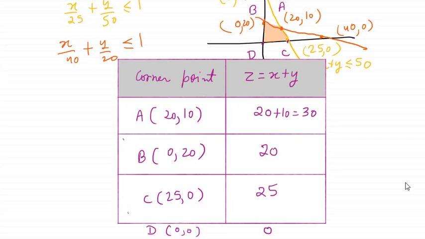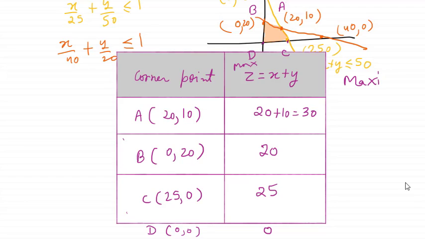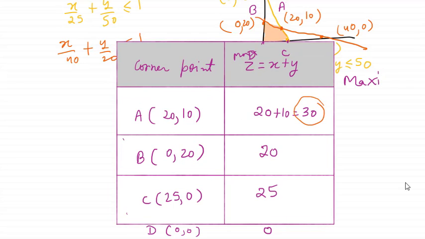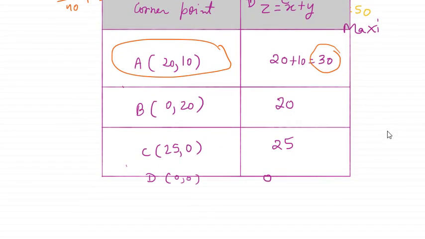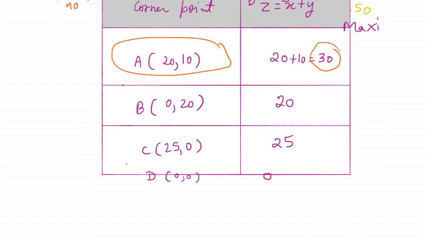Now the problem is to maximize, so we have to find the maximum Z. Here you can see which value is the maximum. 30 is the maximum value, and we are getting this at point A, that is 20, 10.